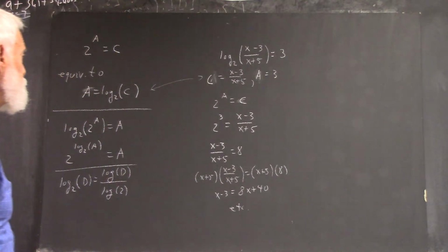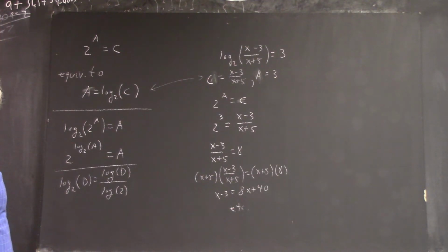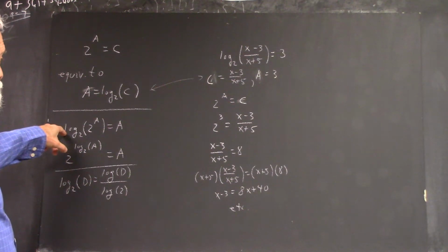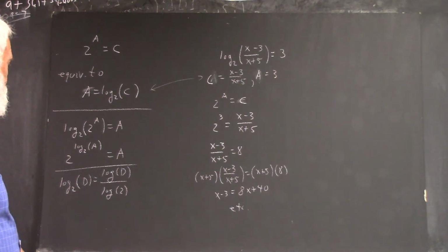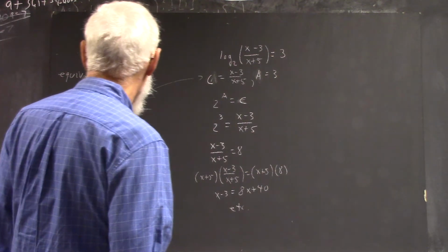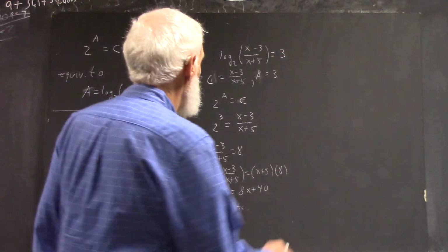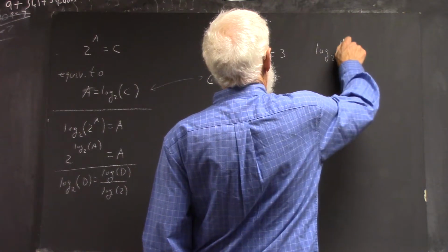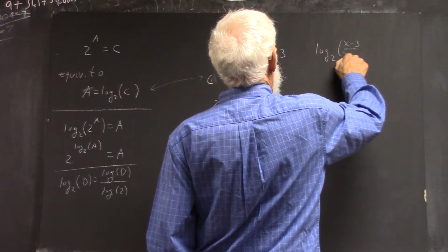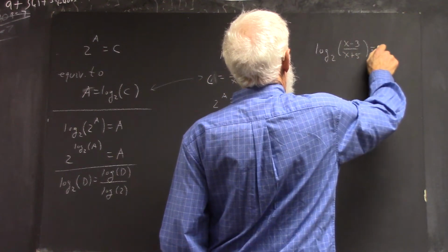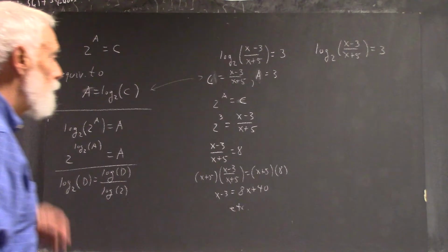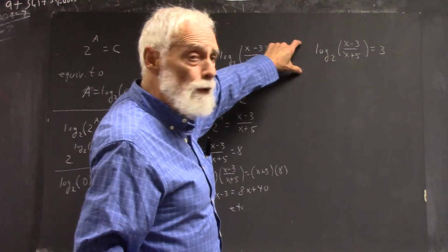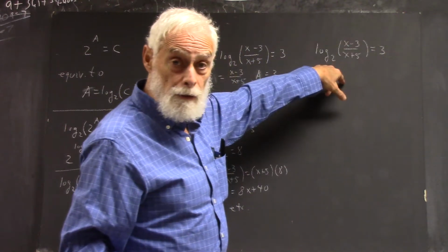Okay, then another alternative way to solve it is to use either this or this. So what we do is, okay, we take the same equation, and we want to get to that. Well, we want to undo the log because our variable's in the log, right?